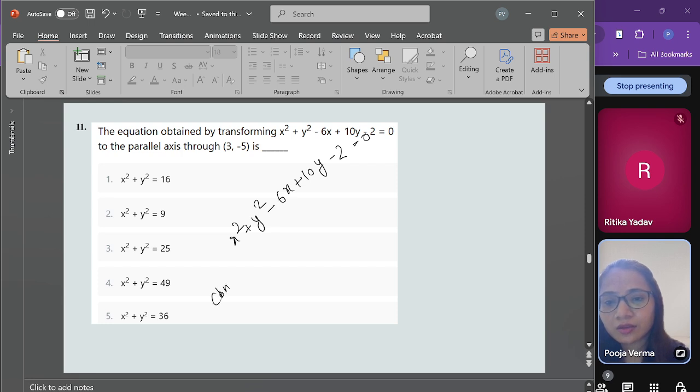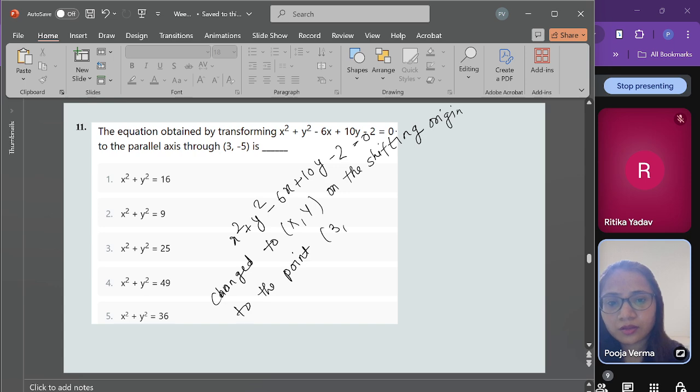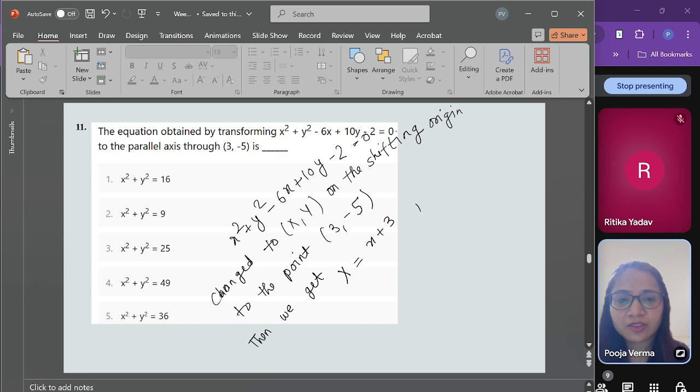Change it to (capital X, capital Y) on shifting the origin to the point (3, minus 5), with the new axes remaining parallel to the original axes. Then the new transformed point will be capital X equal to x plus 3, and the new transformed y axis will be capital Y equal to y minus 5, right?